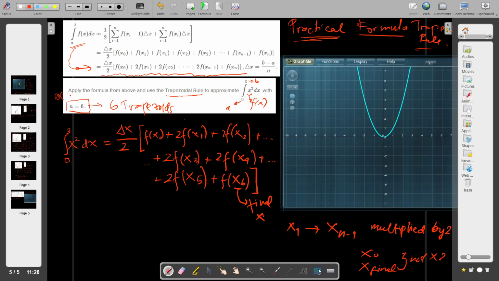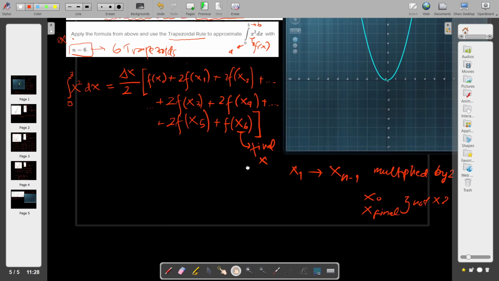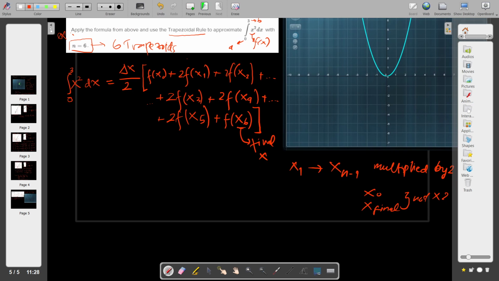Now we are going to find the value of delta x.